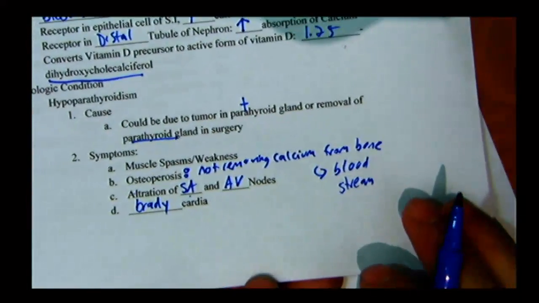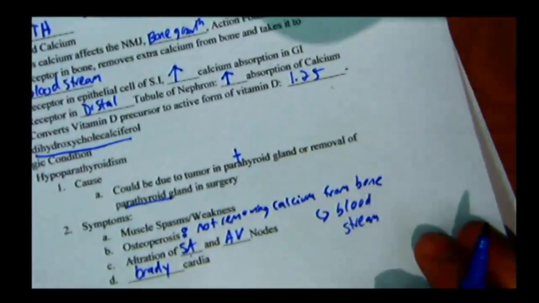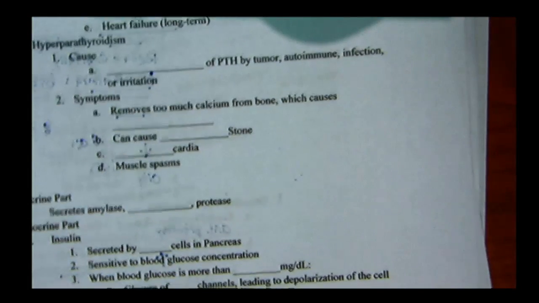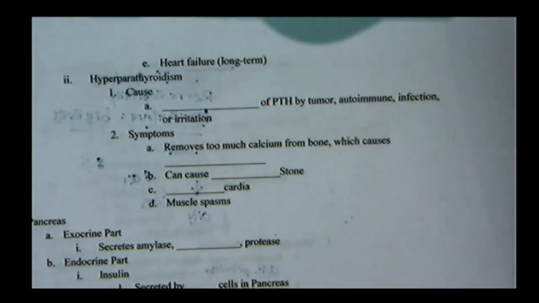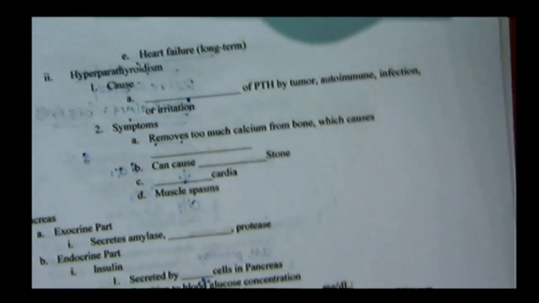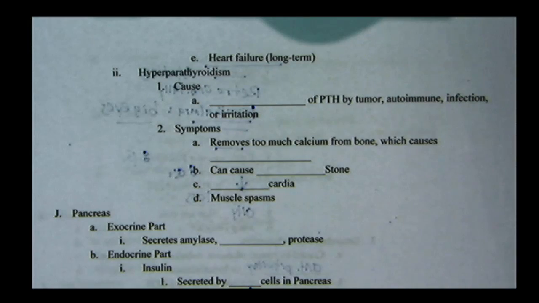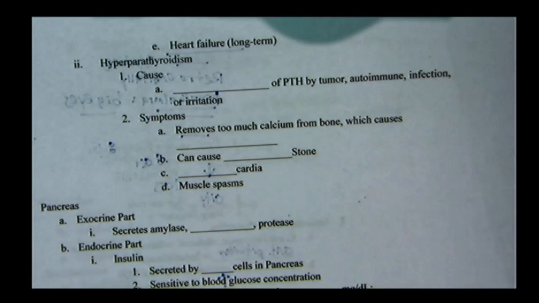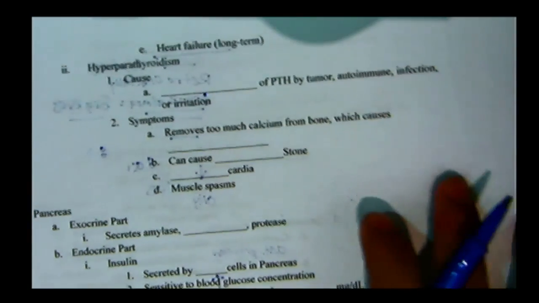So now we have hyperparathyroidism. The cause is an increase or decrease in PTH? Increase. The symptoms, it removes too much calcium from bone, which causes what? Oh, actually, I lied. Sorry.